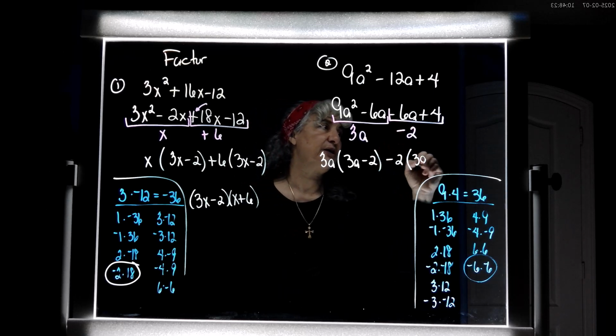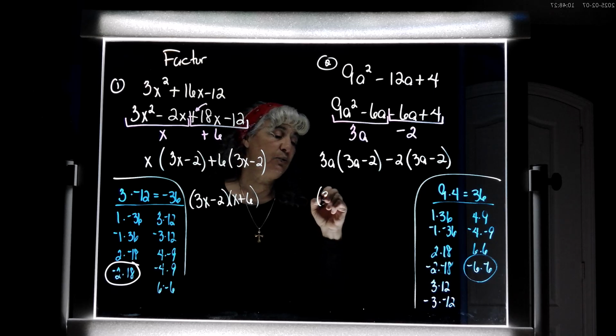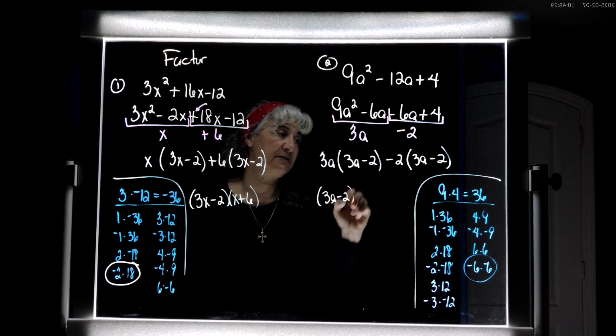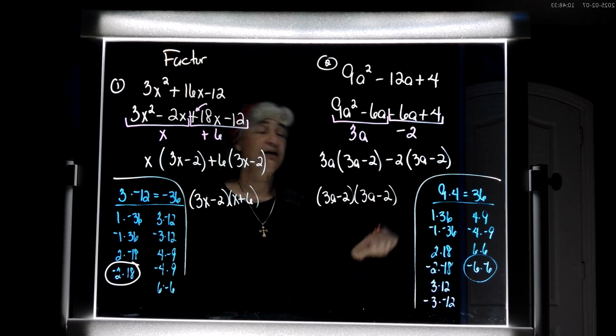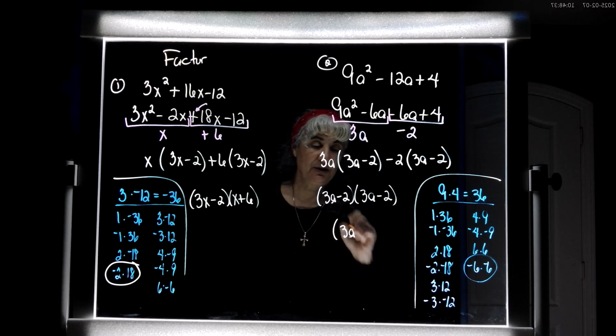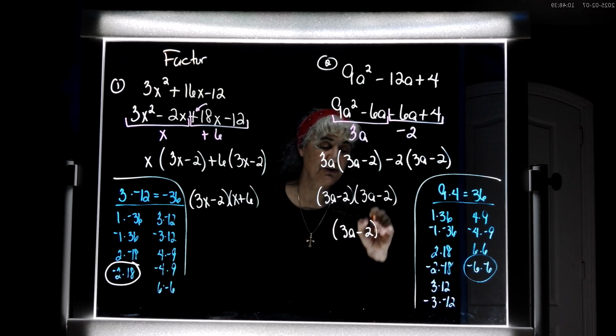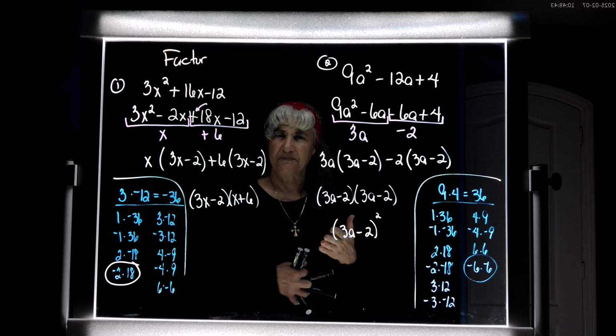That's a positive 3a minus 2. Good, factor out what's in common, which is the parentheses, and what remains is 3a minus 2. I got a binomial times itself. You could either leave it written out twice, or you could write it with the square. Your choice, doesn't matter. Good?